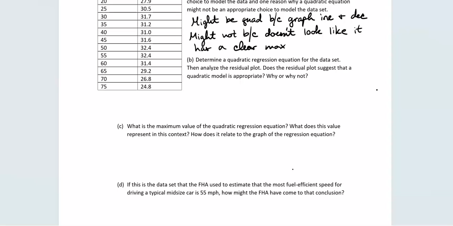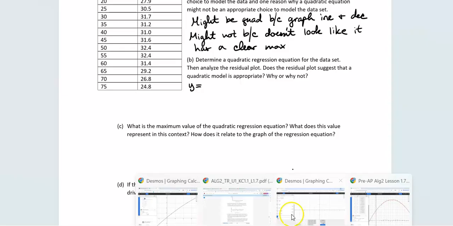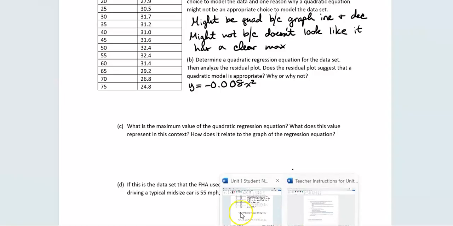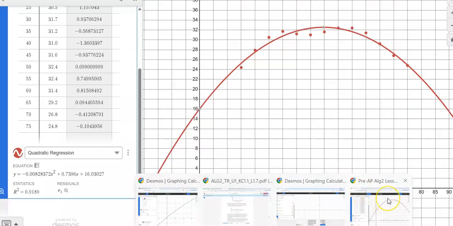We are, however, going to write the answers to the problem. Regardless of what we think it should be, the regression, oh no, I should have written this down. We've got negative 0.008 x squared, and now I'm going to have to look back at the graph. It takes a little bit more time.